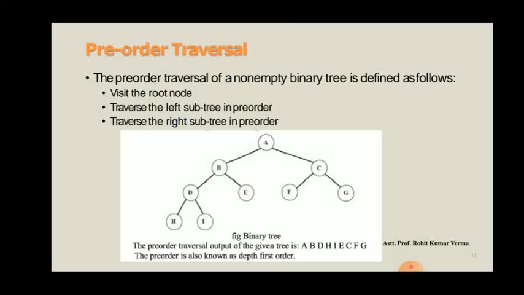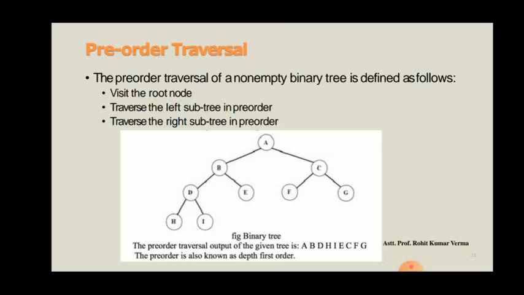Similarly, in the second step we traverse the left. Now we are moving to the left subtree. In the left subtree at the top we have B, so we visit the root, and the root is B.